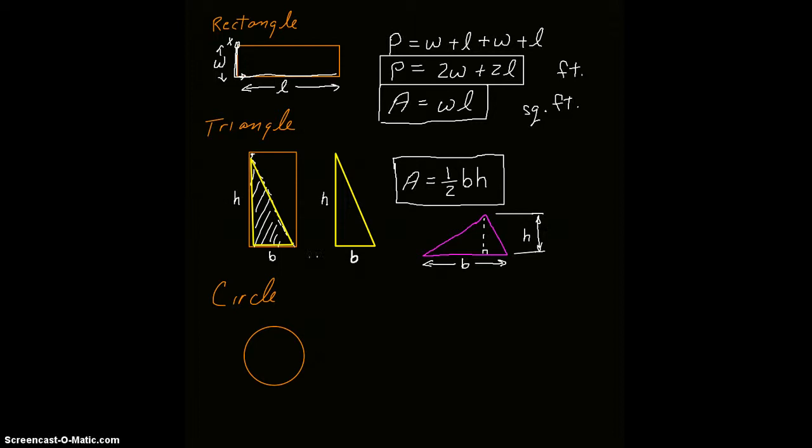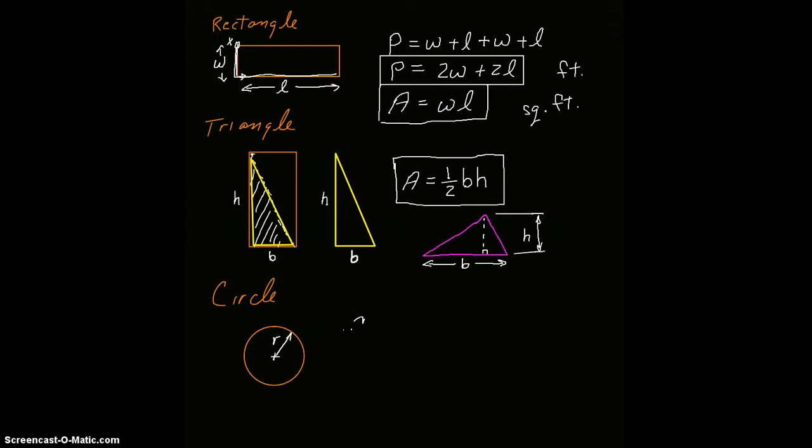All right, and then the last one is a circle. Well, the circle has a center, and then out from that center, the way a circle is made is we just have a constant distance. It comes out here, and we call it a radius, and I'll give it a label R. The perimeter of a circle has its own name.